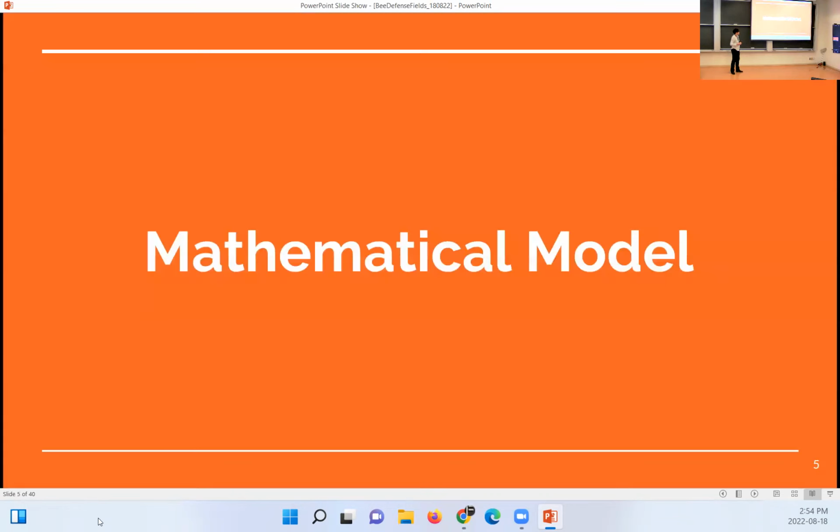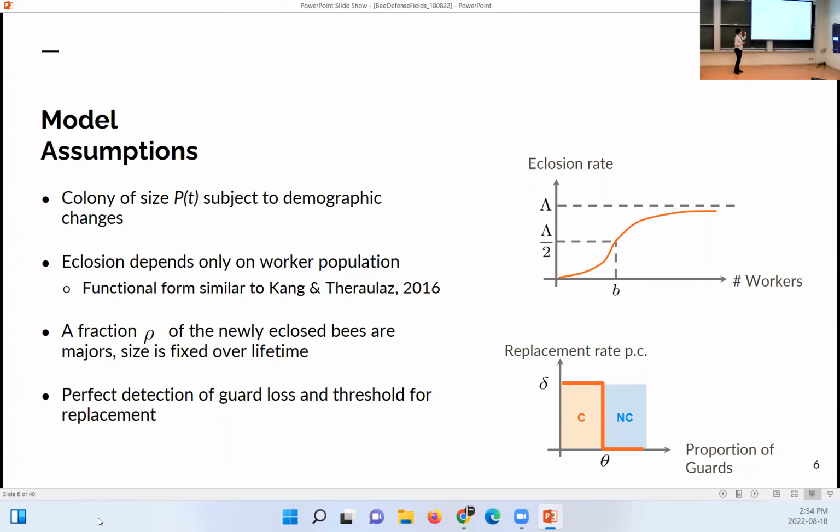So I'm going to build a model. First, imagine a population of size p. It changes over time. The eclosion, which is the version of birth in social insects, so they just emerge from their eggs as adults, will depend on how many workers, so non-guarding workers, are dedicated to taking care of the brood.